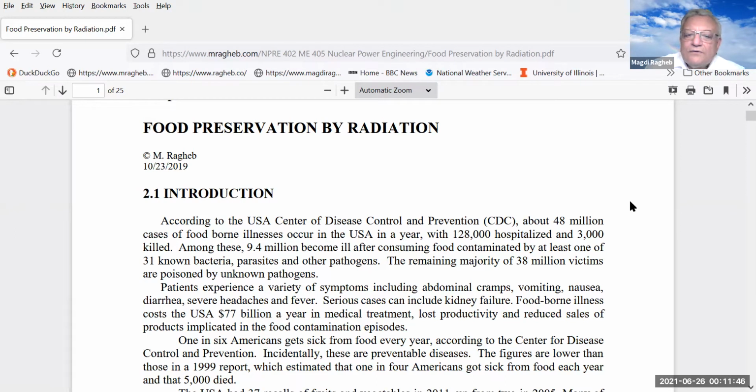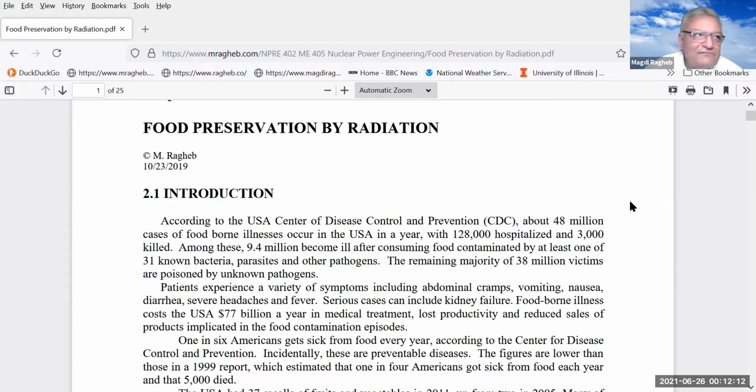Basically, the CDC, or the Center for Disease Control and Prevention, suggests that we get 48 million cases of foodborne illness every year. So almost 1/5 of us gets what we call stomach ache or stomach flu. It's not a stomach flu.